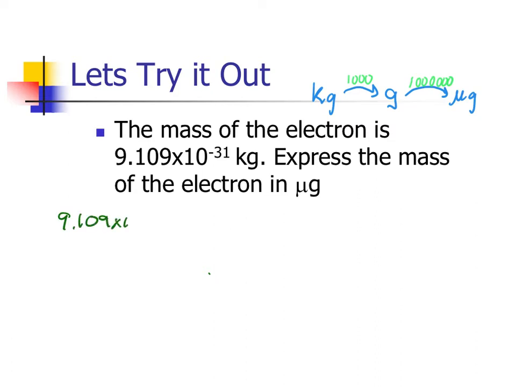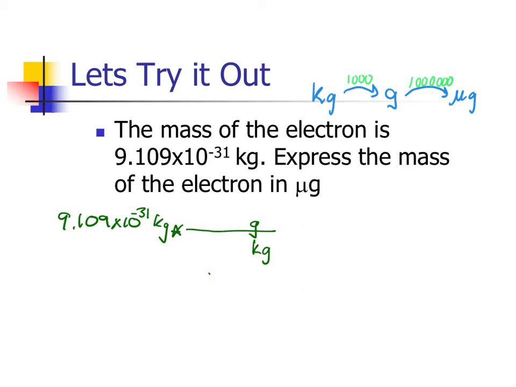It is good practice to write the scientific notation in there, and the exponent should be negative. Writing your labels in, and then going to the next one. I want kilograms on the bottom, and I want grams on top.